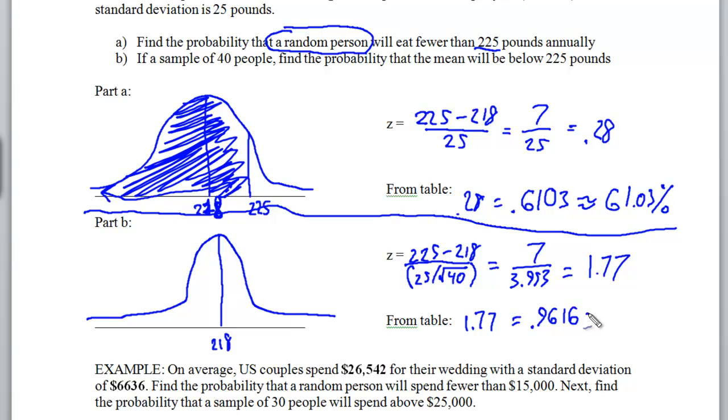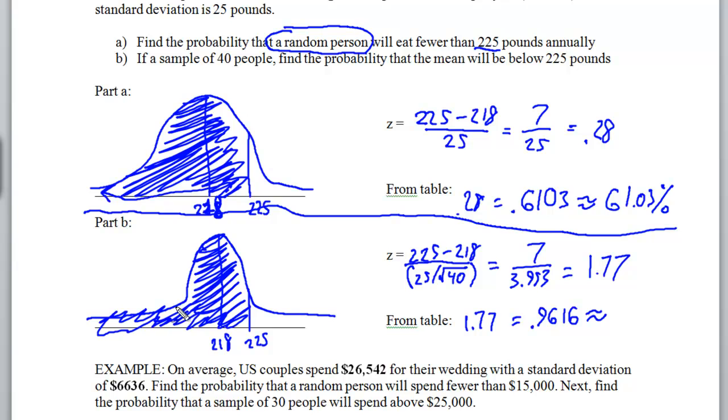So that means that in a small group of 40 people, very small group, roughly 96% of the population is going to be less than 225. Now you might be going like, wow, how did 96% of the population get in this picture where this up here in this picture is only 61%?